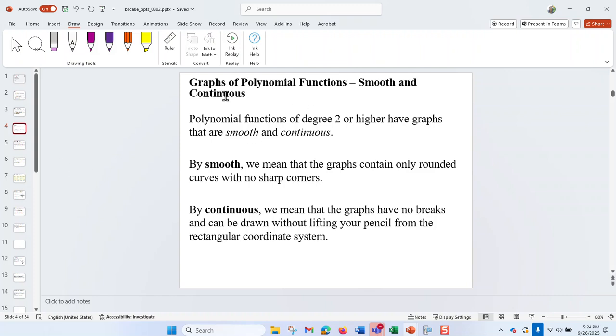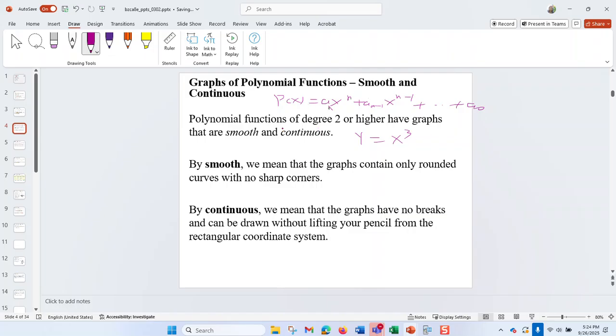What is a polynomial? A polynomial basically is p of x equal to a sub n x to the n power, plus a sub n minus 1 x to the n minus 1, and so on. All right, so this is always an x power, always an integer, okay? So if you have y equal to x cubed, this is a cubic function.